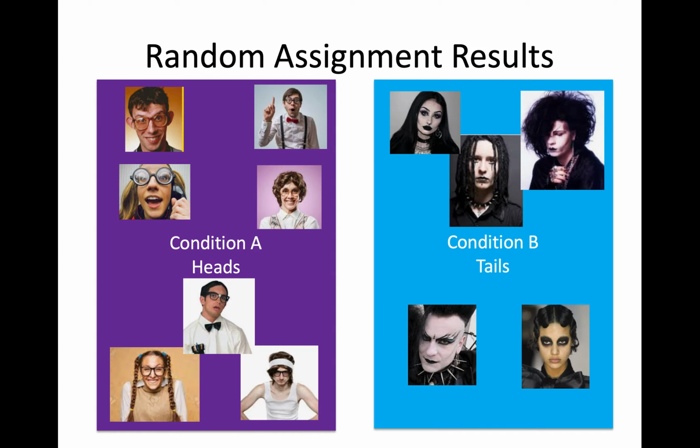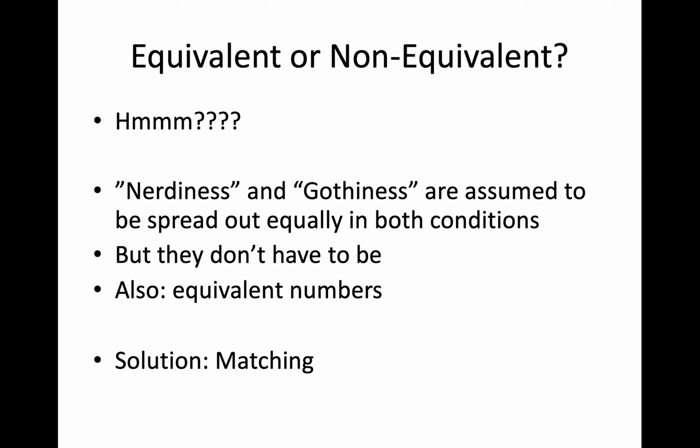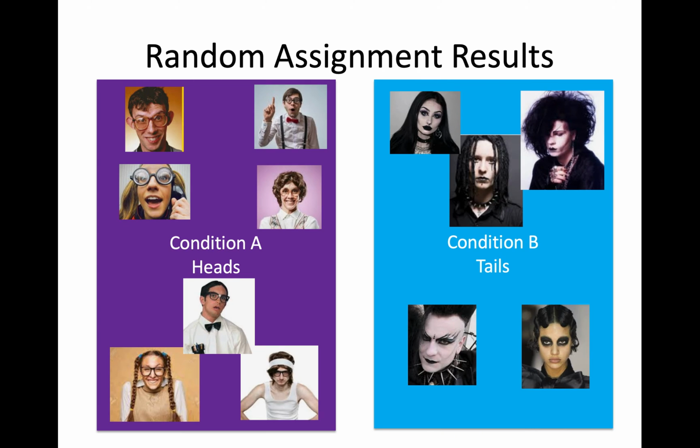Now, this is just the result of flipping a coin and randomly assigning the participant to one condition or another. This is purely by chance, but what we wind up with is a couple of problems. These groups are non-equivalent, okay? We have all the nerds in one group and all the goths in another group.